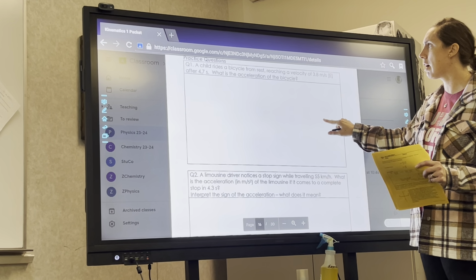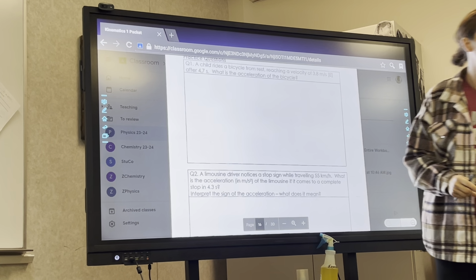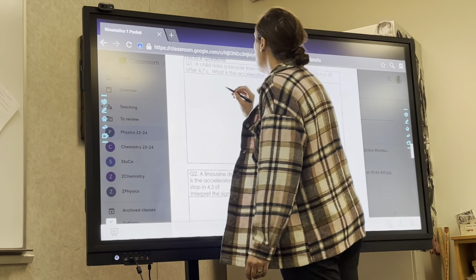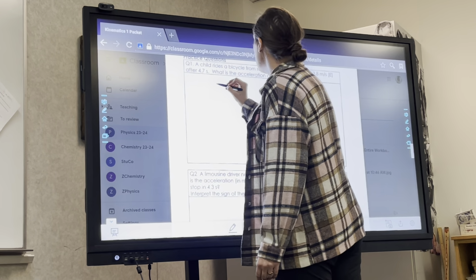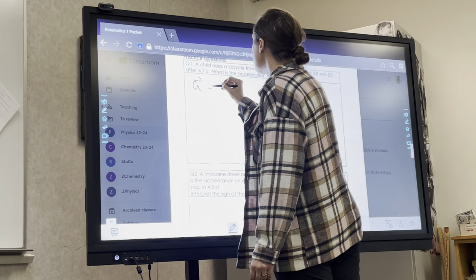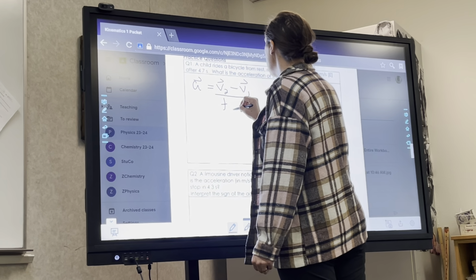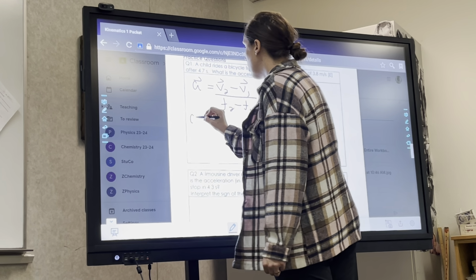Did we do this one? A child rides a bicycle from rest? Nope. Okay. Acceleration equals velocity 2 minus velocity 1 all over time 2 minus time 1. What is my acceleration?